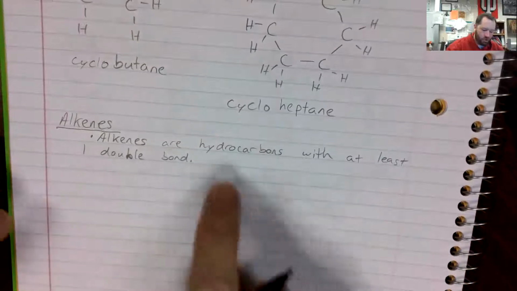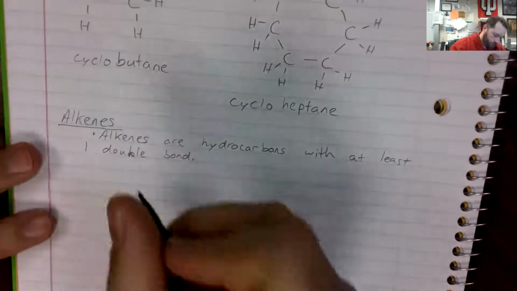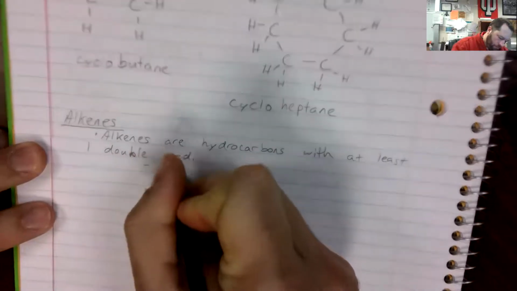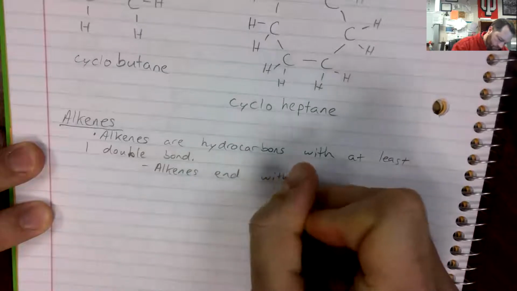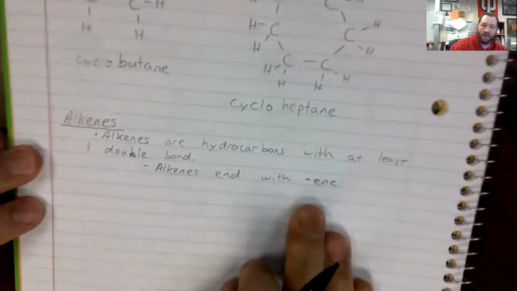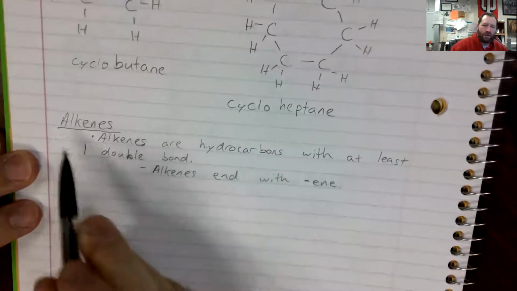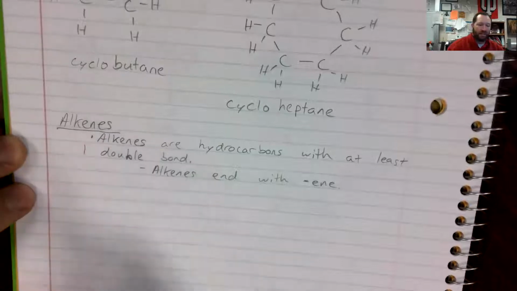So alkenes are hydrocarbons with at least 1 double bond. When we're naming them, alkenes end with E-N-E. So if that kind of makes sense, alkanes ended in A-N-E, alkenes end in E-N-E.